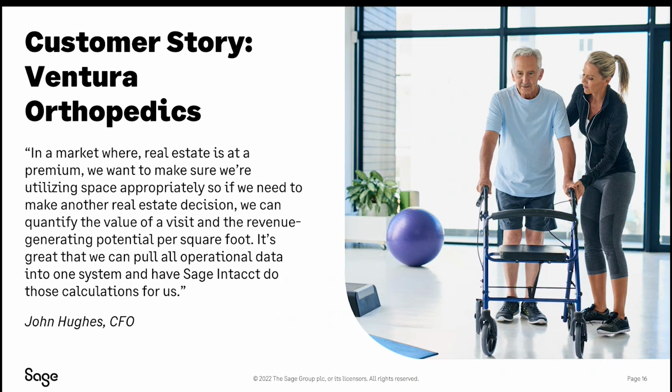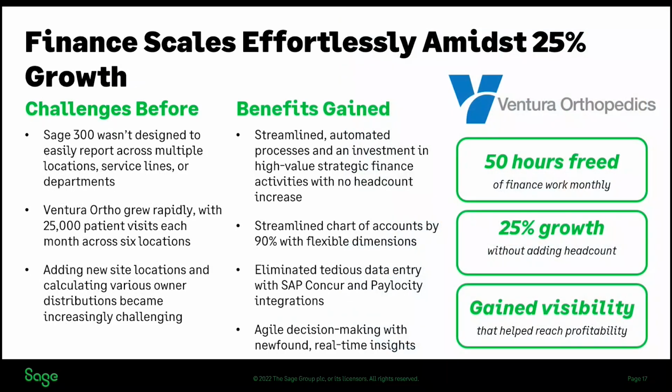They wanted to make sure that utilizing space appropriately was something that they wanted to incorporate in their decision processes for looking at other real estate locations. Now they can look at the numbers of visits that are occurring at a particular location. They can look at revenue per square foot, and they can see how they're tracking location by location.